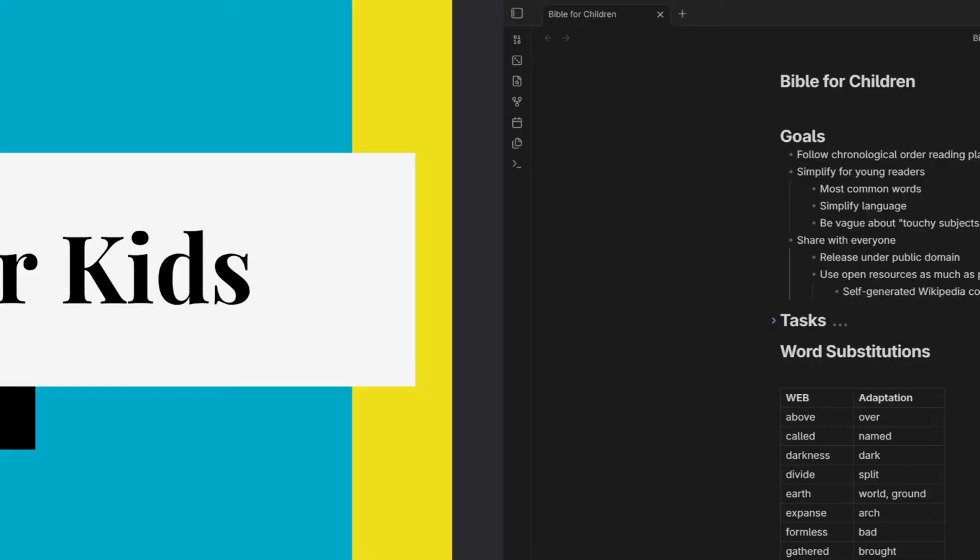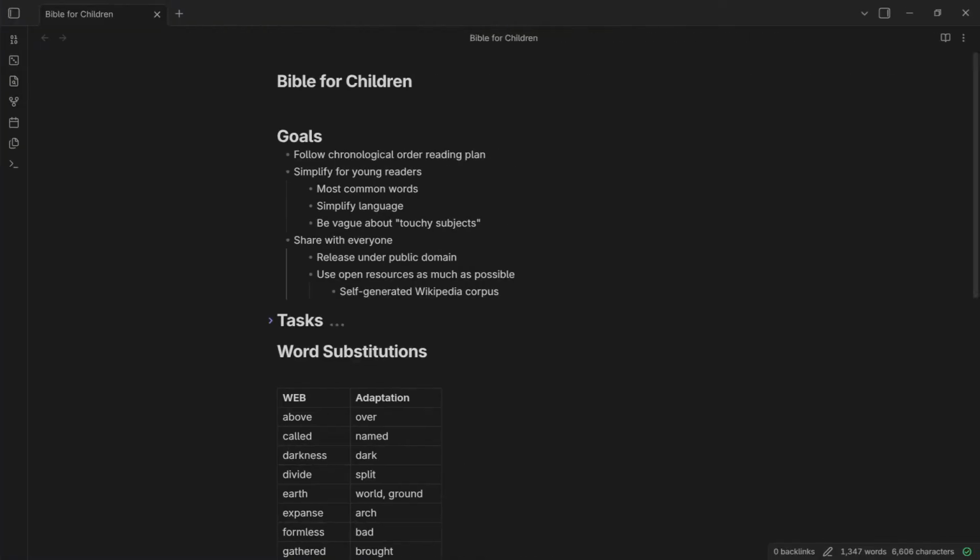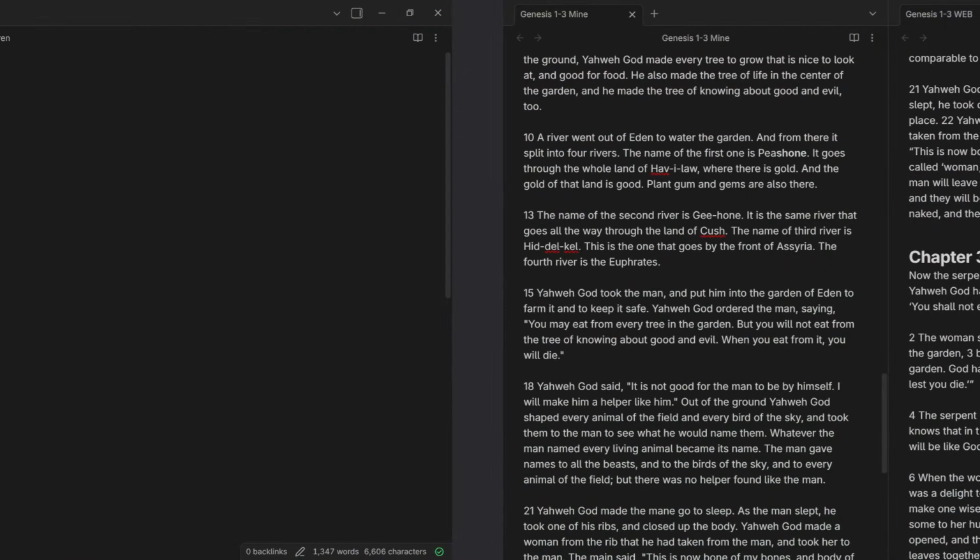Today we're going to look at the Bible for kids again, and this is day 4, focusing on Genesis 3. My goal here is to follow a chronological order reading plan and simplify the text for young readers, focusing particularly on using the most common words and simplifying the language.